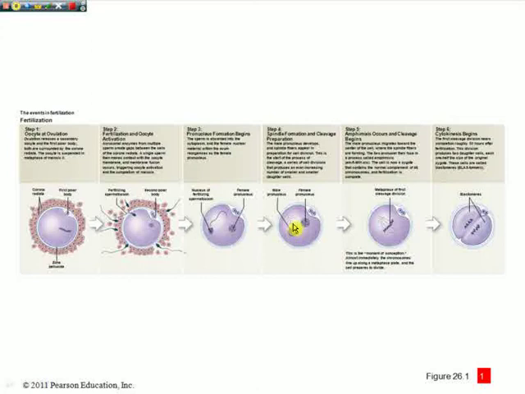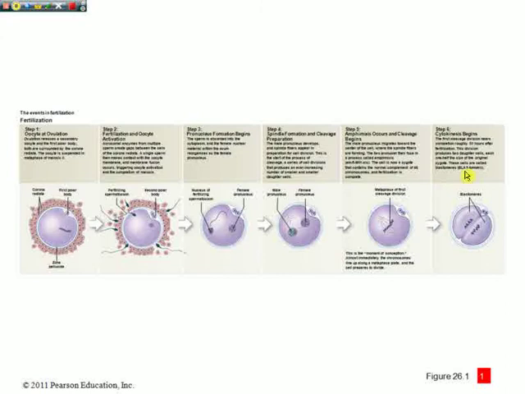Then the male pronucleus and female pronucleus combine in what's called amphimixis. And amphimixis is when the two pronuclei fuse. And at this point, the cell is called a zygote. It is now 23 pairs of chromosomes, no longer two sets of 23 individual chromosomes, which is called a haploid.